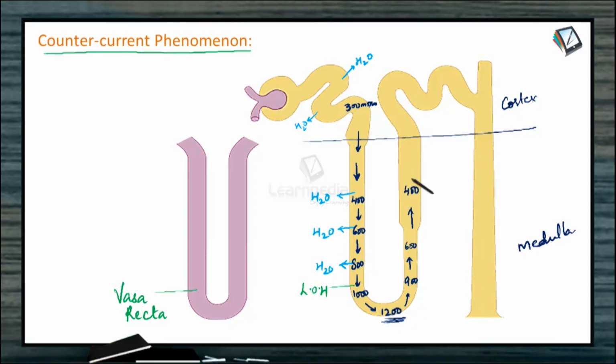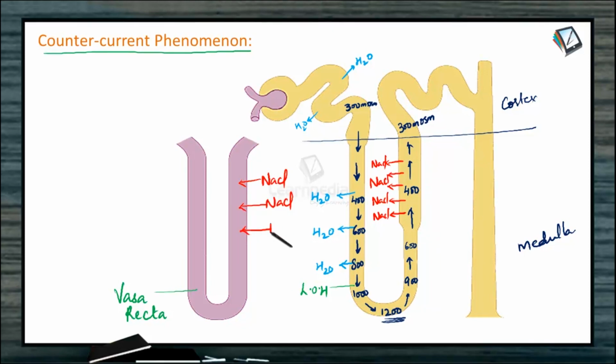The thick part of the ascending limb is impermeable to water, but it is permeable to ions. So NaCl is liberated out, and the concentration goes on decreasing as it ascends, and again reaches an osmolarity of 300 milliosmoles. The sodium chloride is reabsorbed into the vasa recta, thus increasing its concentration.